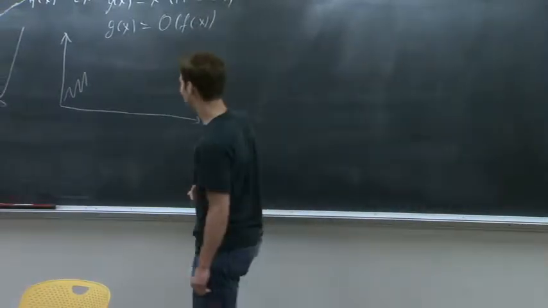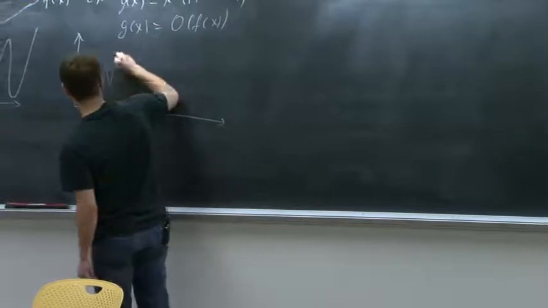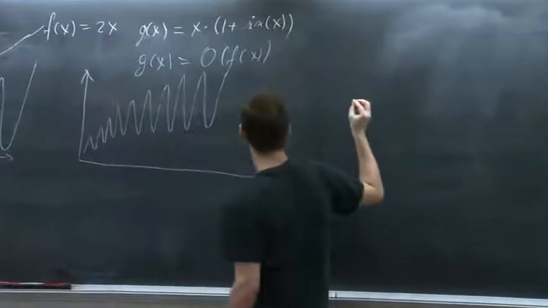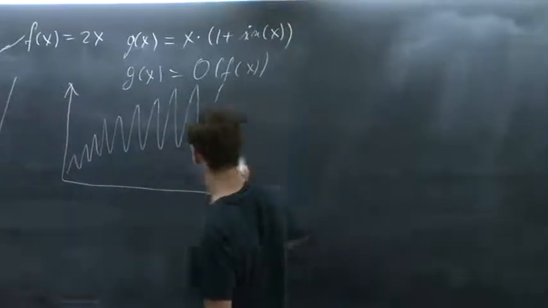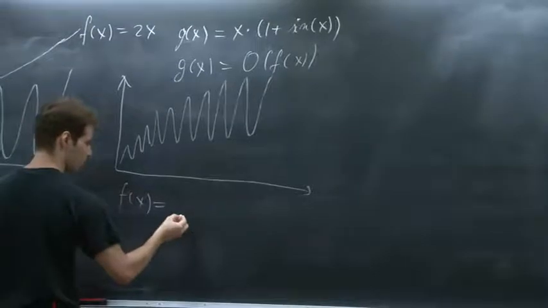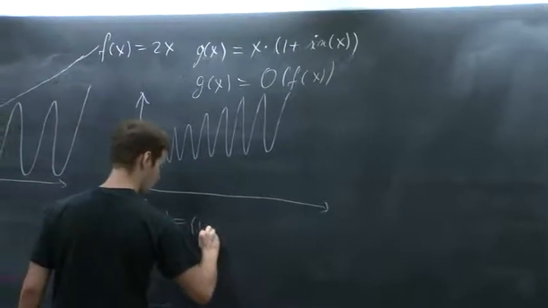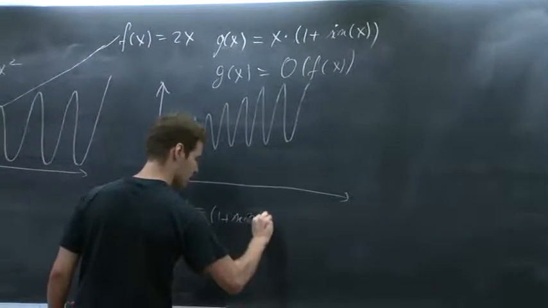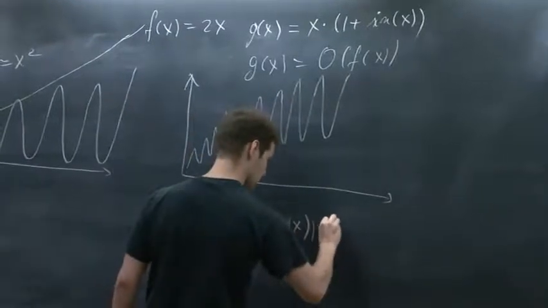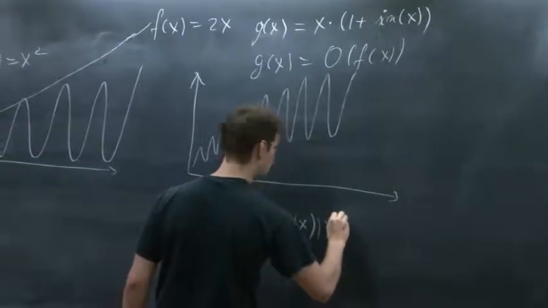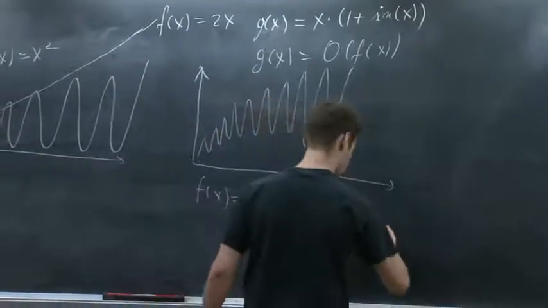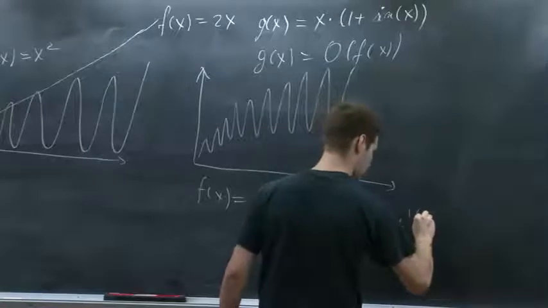Okay. So I'm going to draw another function. This one looks like this. And this is f of x equals 1 plus sine of x. I have to use these sines to make them look like that. Times x to the power of, what do I have there? 1.5 plus x to the power of 1/4.